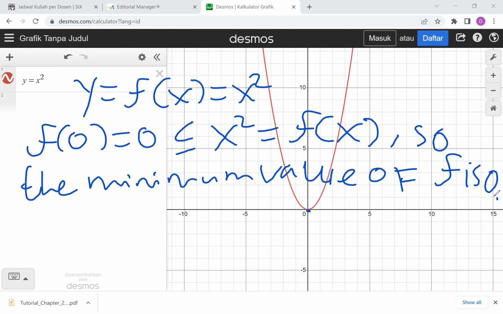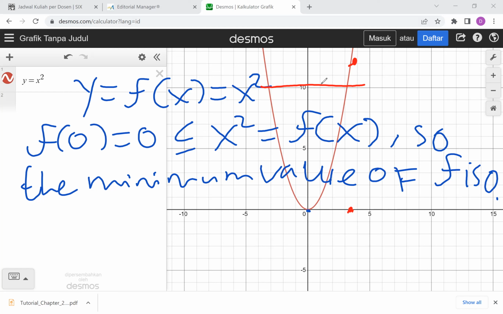For example, if you are given a number equal to 10, then you may still find x such that f of x is greater than 10. If you choose the number 1000, then you may choose x so that x squared is greater than 1000, and so forth.